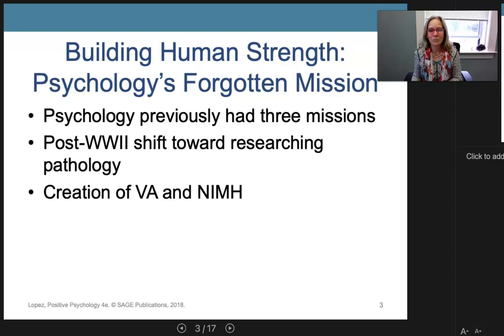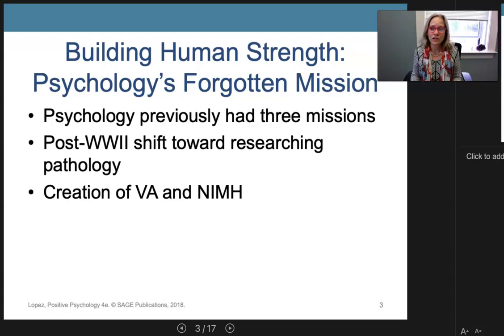When we talk about building strength, it's helpful to remember where psychology has come from. We had several missions, and there was to really help ameliorate or make better people who weren't doing very well, especially in the World War. Post World War II, there was a shift towards researching pathology because we had all these young men coming back with post-traumatic stress and other disorders, and we wanted to help them.